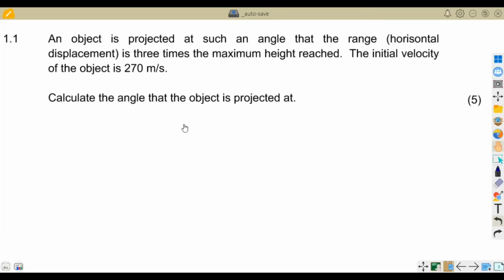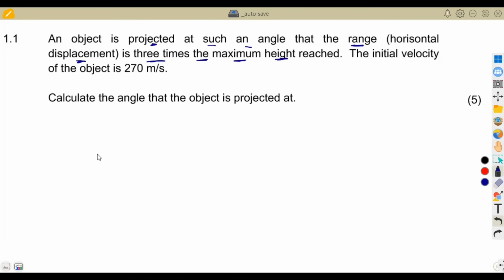We are not given the angle here, but we are given that an object is projected such that the range, remember the range is the horizontal displacement in this case. So they are saying the horizontal displacement is 3 times the maximum height reached.